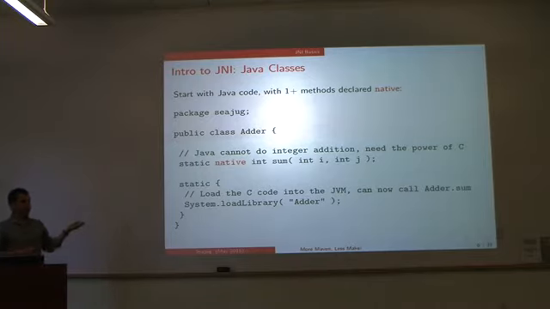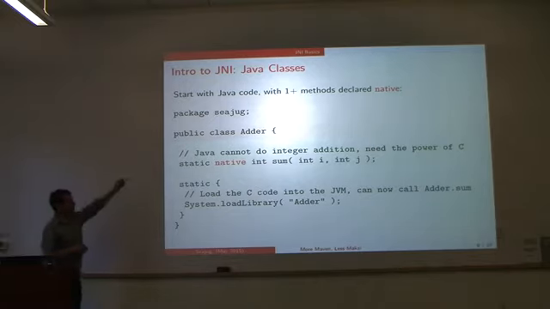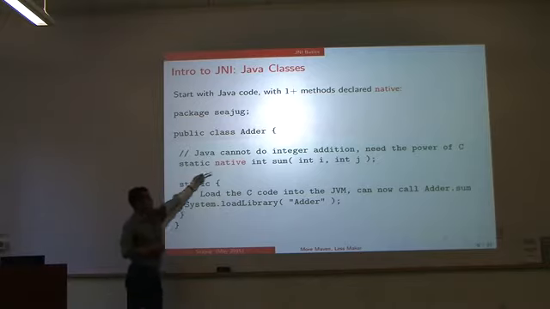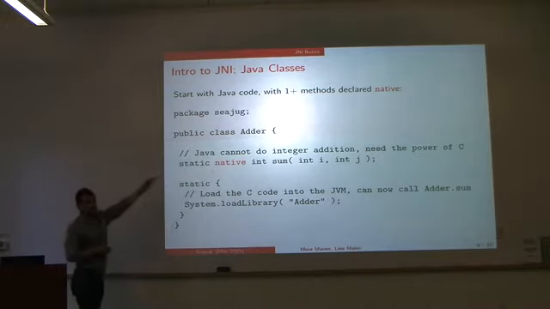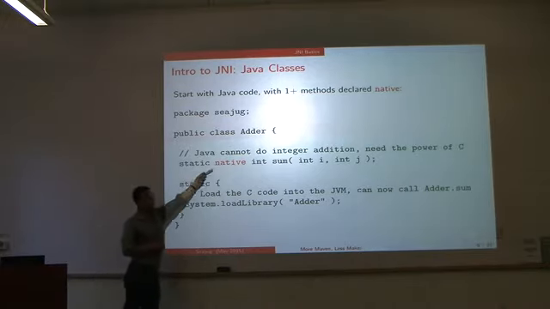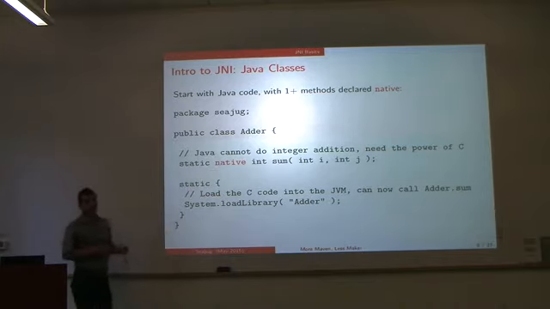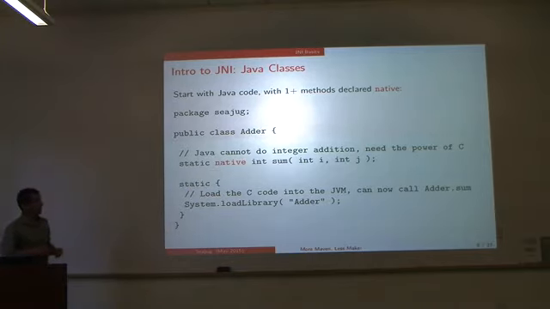So I'll now give you a quick summary of JNI in 5 minutes. If you can't do something in Java, this is how you do it in C. You go into your Java classes and you say, I can't do this method in Java, I'll do it in C, so I'll tag it with the Java keyword native.